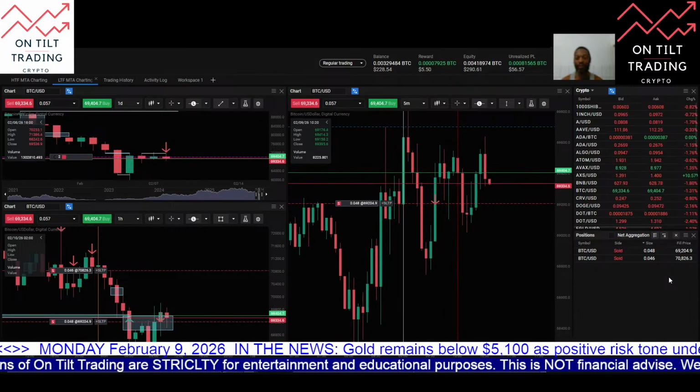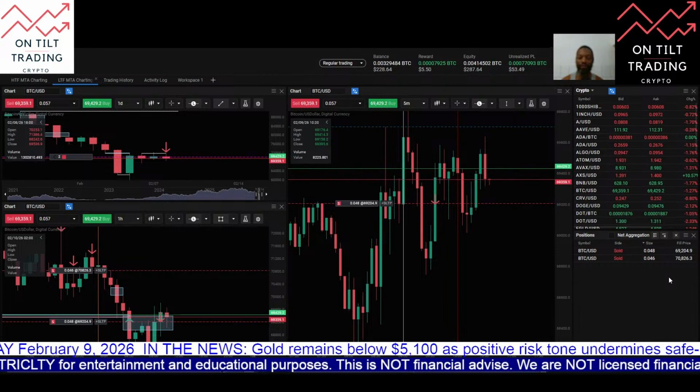And a new 5-minute candle. We'll see if there is any continuation with sell side delivery here.